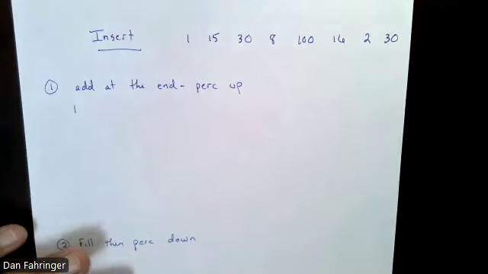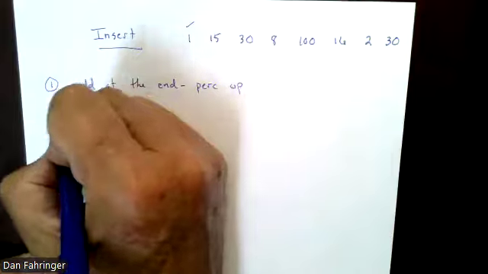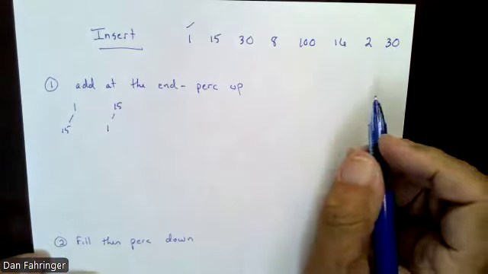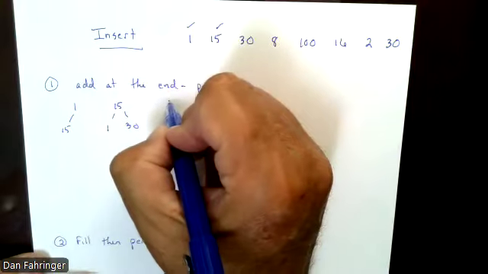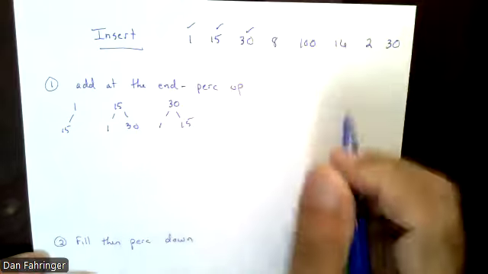I have a 1. I have a 15. Yep, I percolated up. I have 30. Yep, I percolated up. 1 stays, 15 goes down.